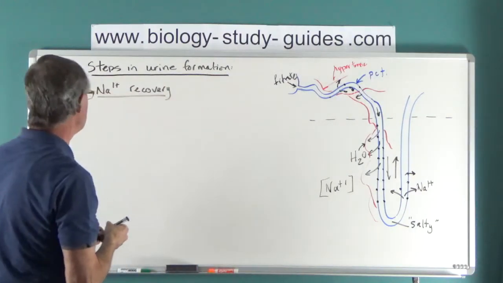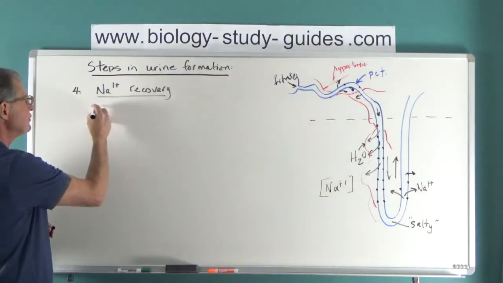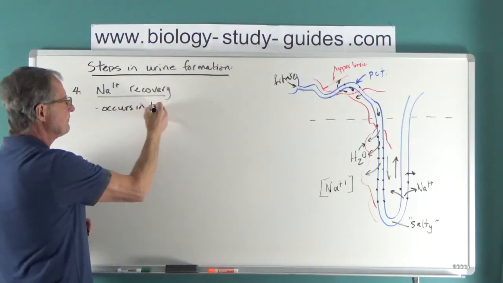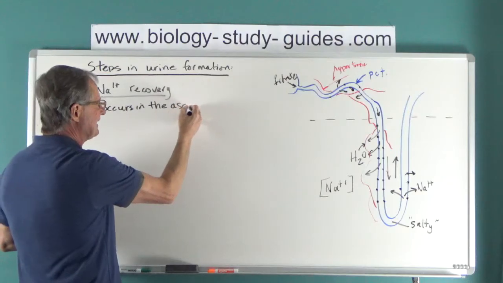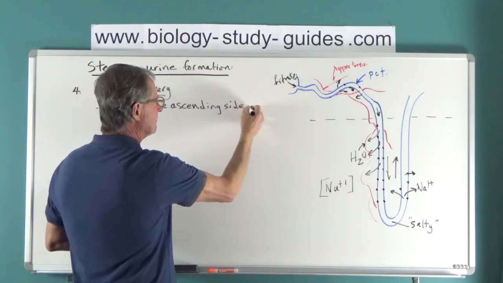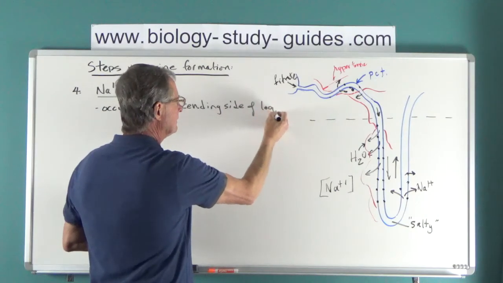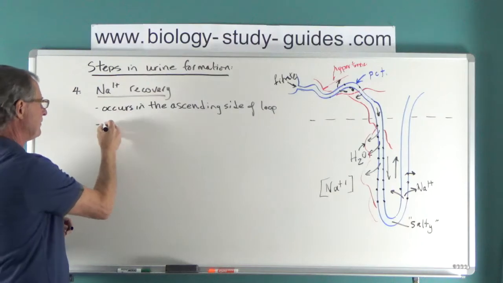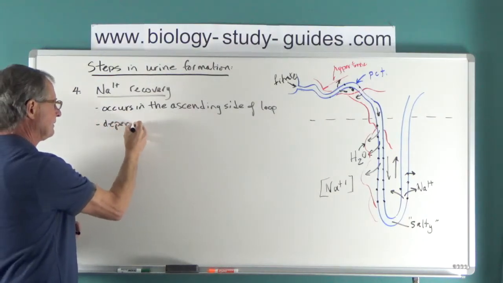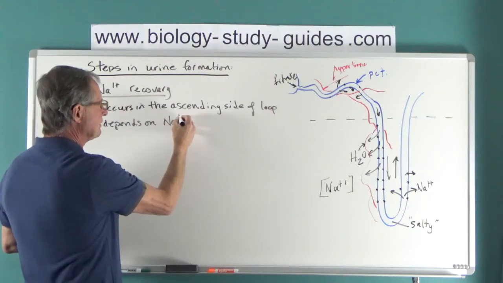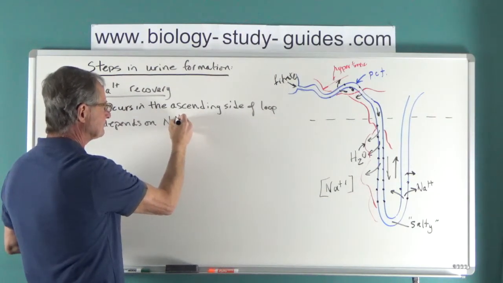So sodium recovery occurs in the ascending side of the loop of Henle, and it depends on the presence of sodium transport proteins.